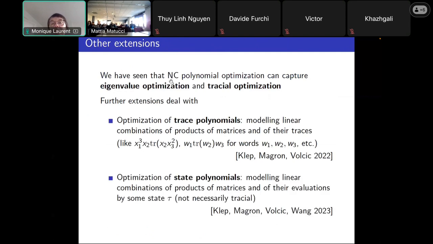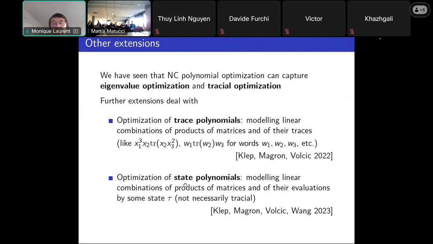So non-commutative polynomial optimization can capture eigenvalue optimization, trace optimization, but also more general objects like optimization of trace polynomials, where you want to model combinations of products of matrices and of traces of products of matrices. This has been done in a recent paper by Klep, Magron, and Volčič.